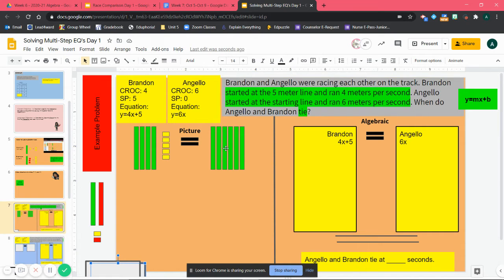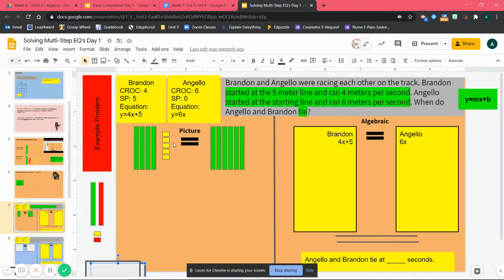If you notice, now that I have x's on both sides of the equal sign, and then I have these 5 ones over here, that's usually my first go-to: I am going to be moving some x's, because I can't have x's on both sides of the equal sign.